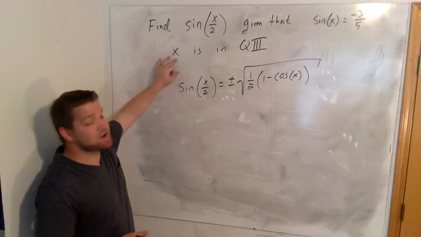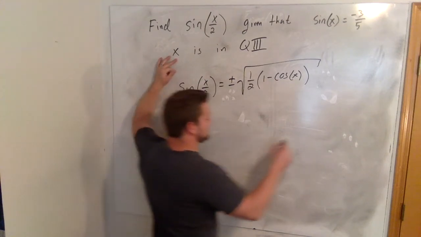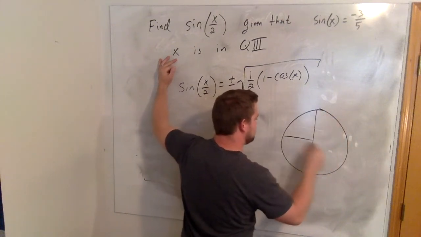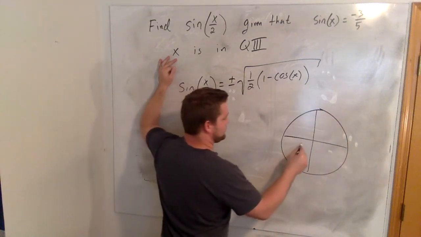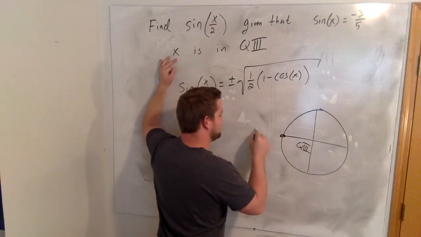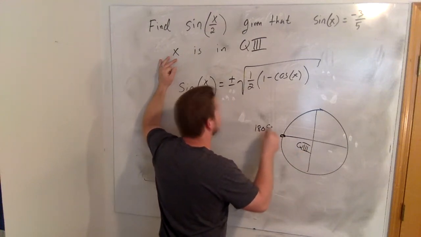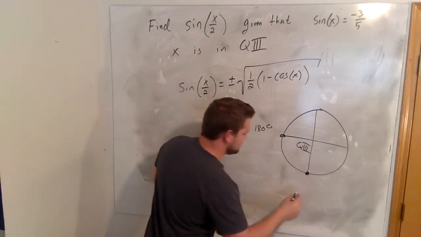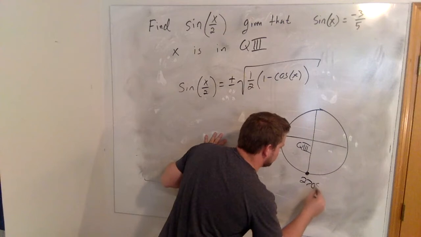Well, let's think about where x is. x is in quadrant 3. So x is over here in quadrant 3. What's right here? This is 180 degrees, and over here, this is 270 degrees.